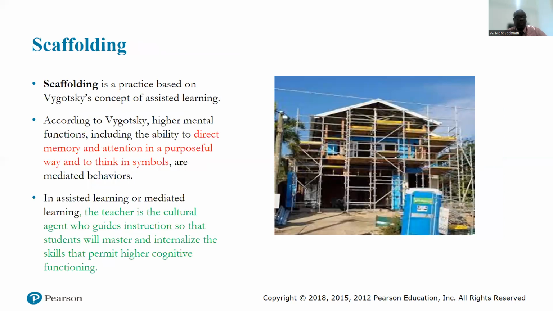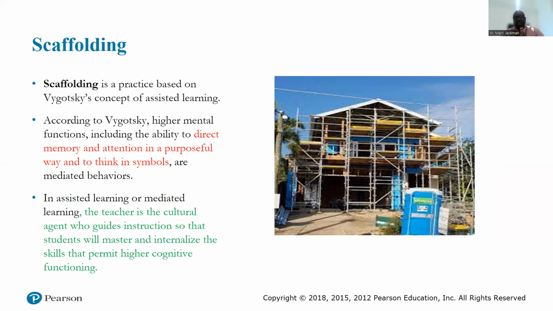In constructivist approaches to learning, scaffolding is important, and this was emphasized by Vygotsky, where individuals are given the required support to assist in their learning. So according to Vygotsky, higher mental functions include the ability to direct memory and attention in a purposeful way and to think in symbols that are mediated by behavior.